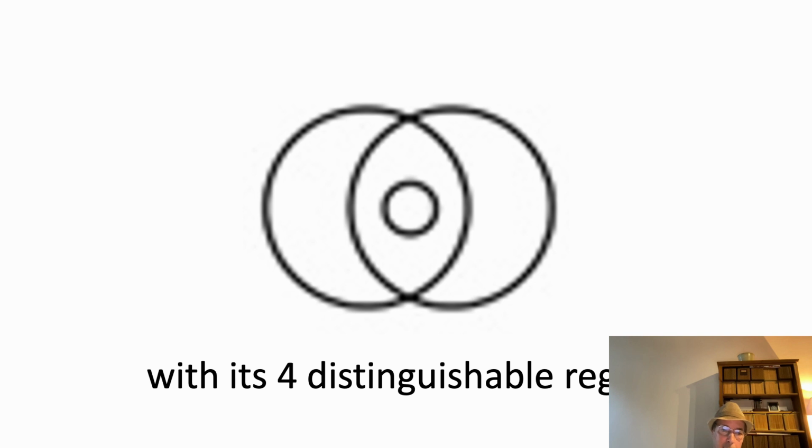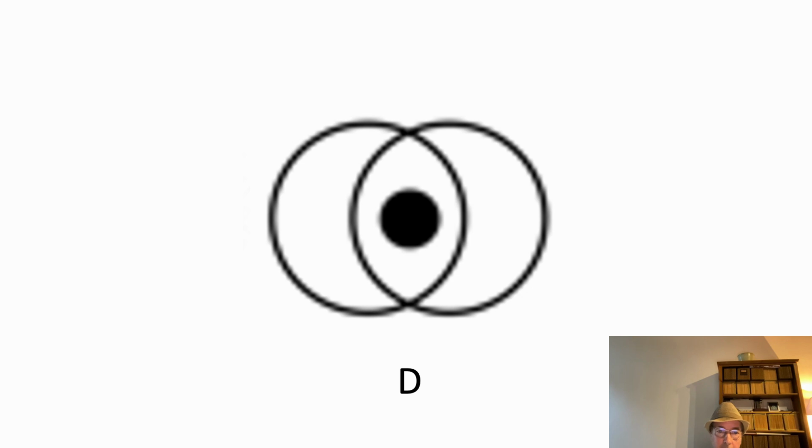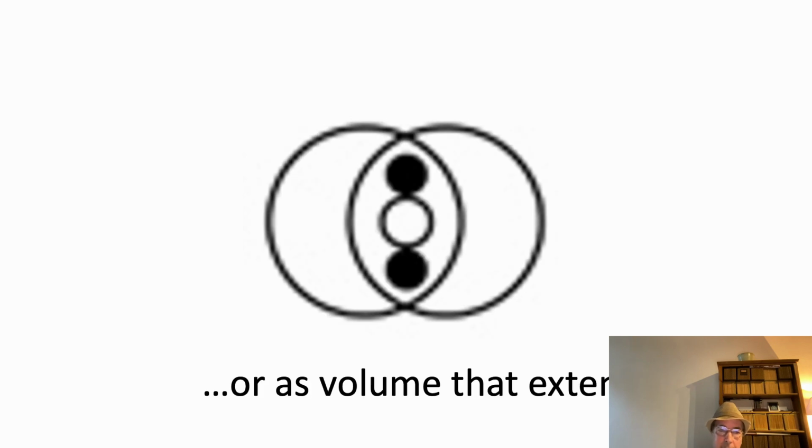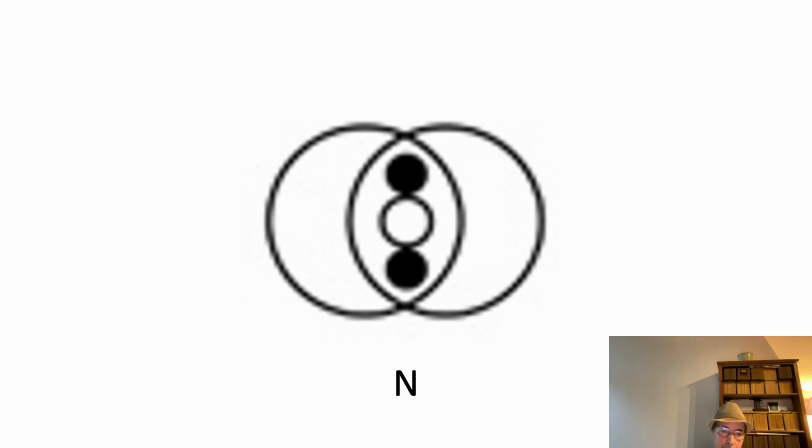Here there will always be 4 distinguishable regions, and a new center that is the synonym, or in other words, this is the real center that extends itself towards somewhere else, expressed by the letter D. If you extend this further, of course you will also receive material somewhere into the volume. The volume itself is extending with material expressed by the letter N.